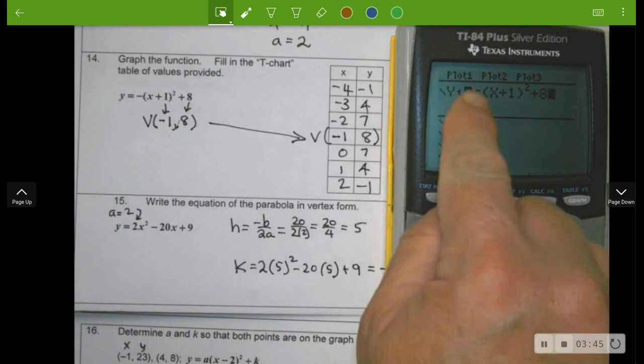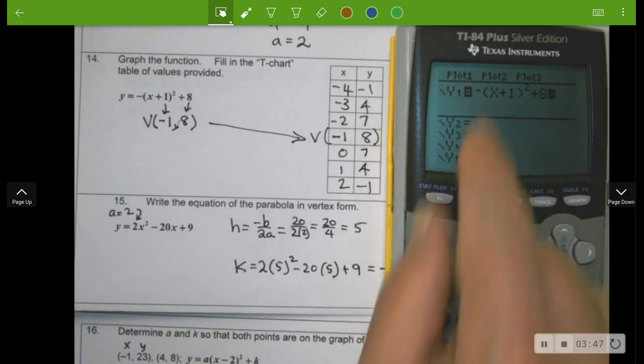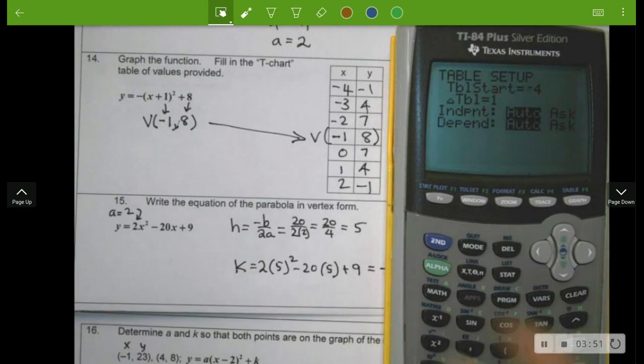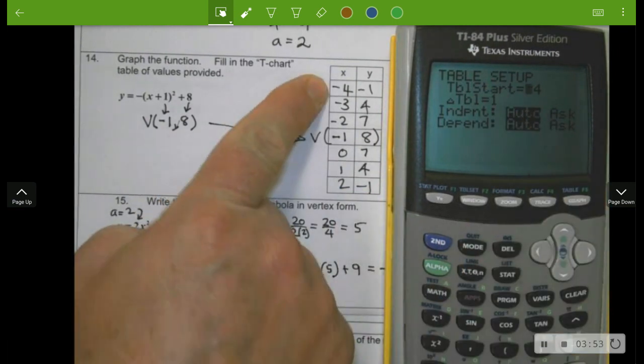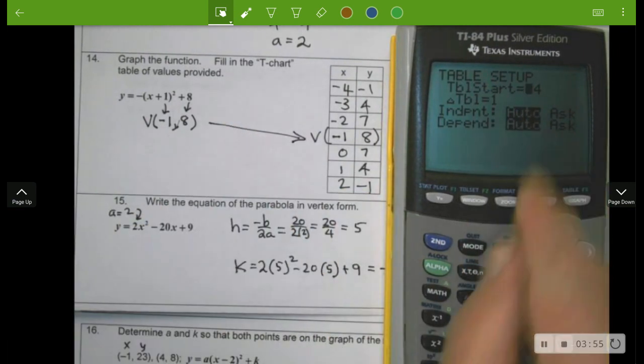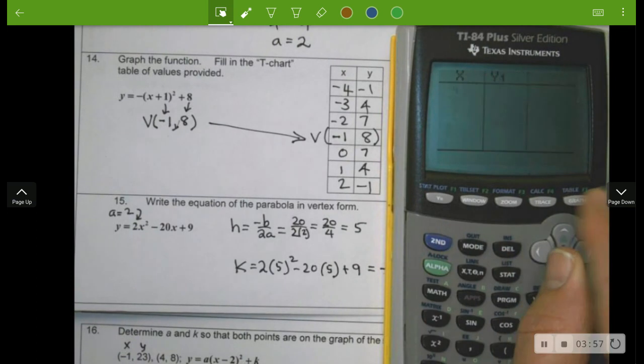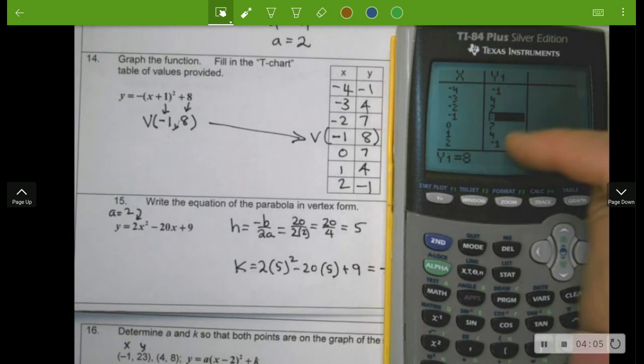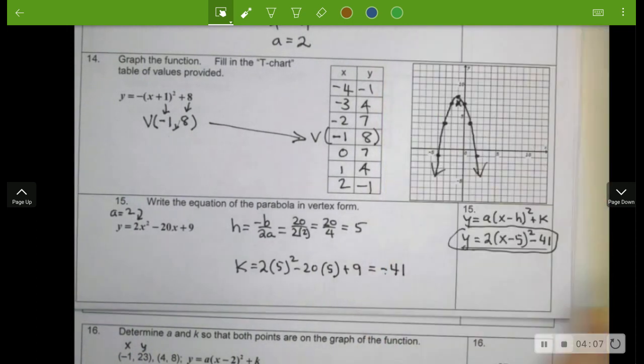Make sure, by the way, you use a negative there, not a minus. Second, table settings, and you want to start at negative 4 on the table of values here. Make sure you're in automatic mode before you jump over here to your table. And I copied all these x and y values over here. There's good symmetry like you're expecting over there. And plot the points and graph the parabola.